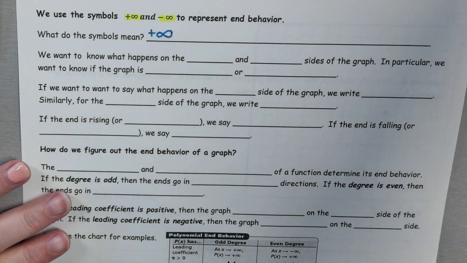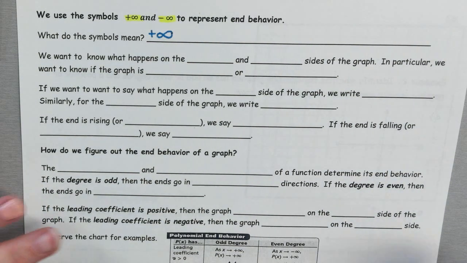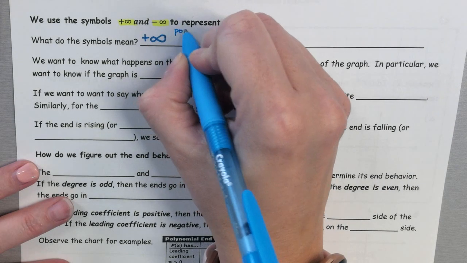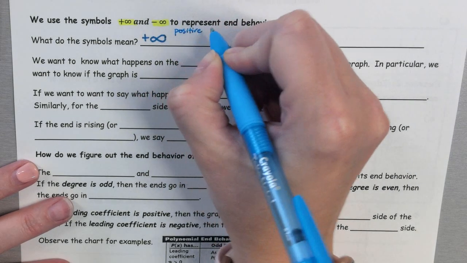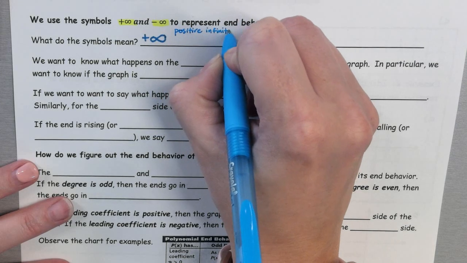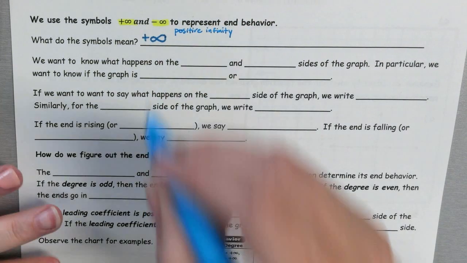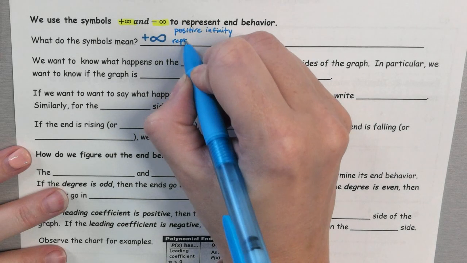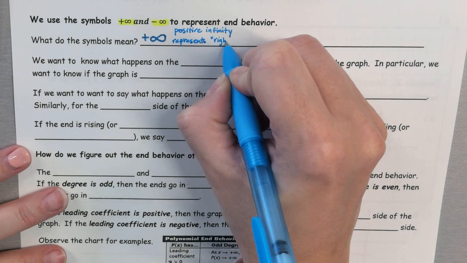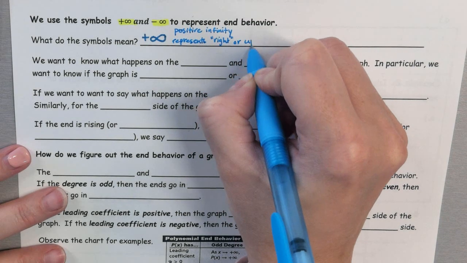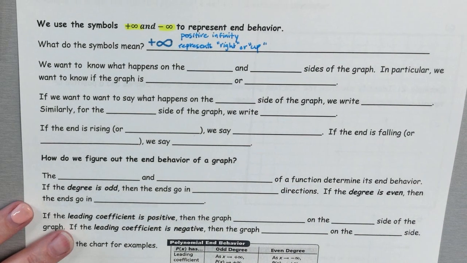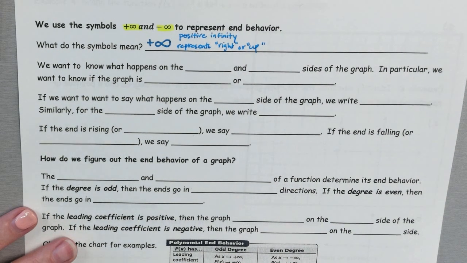So positive infinity represents right or up. Okay, so positive infinity can mean right or up.